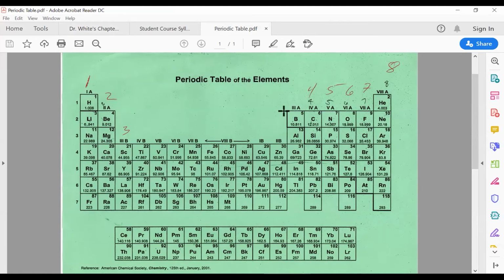Now, where are the halogens? The halogens are the second to last column on the right. You could put down fluorine, chlorine, bromine, or iodine, the ones I asked you. And finally, the very last column on the right, as you're facing your monitor, is the inert gases, and helium, neon, argon, krypton, xenon are examples you could all use.